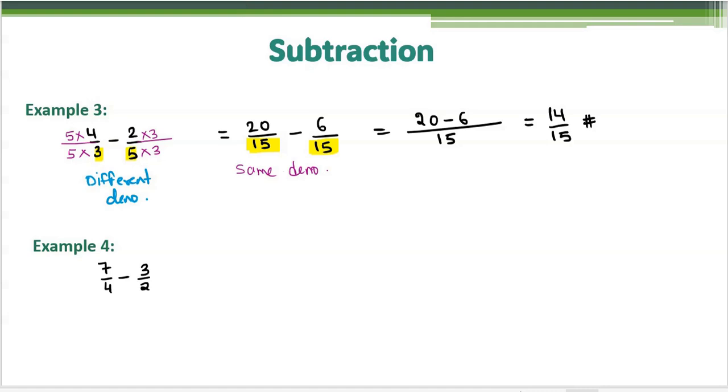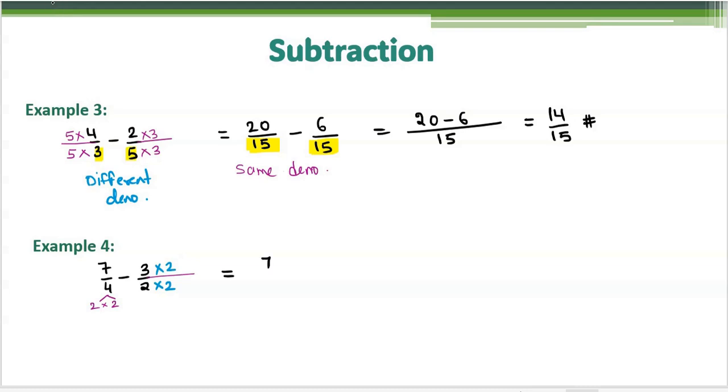Let's consider this example. In this example, again the denominators are different and here you can write 4 as product of 2, 2 times 2. So to make it same, what we will do here, we just multiply the second term, numerator and denominator by 2, so that this becomes 4 and hence become the same.